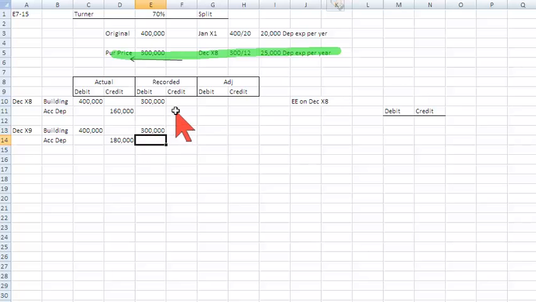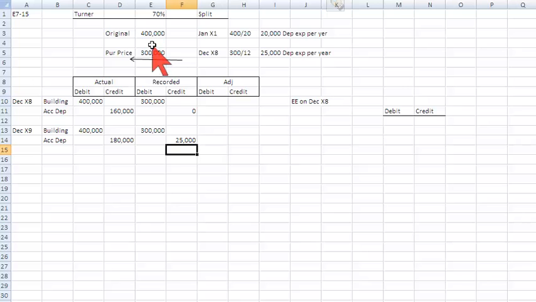And the recorded on December X8, they bought on December X8, so here it'll be 0 cumulative depreciation, and here it'll be $25,000 depreciation. Now let's calculate the gain. I tend to do this out of order. If you want, you can calculate the gain that should be deferred first, but I do it now.